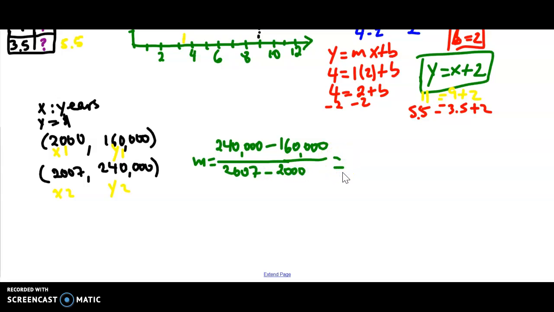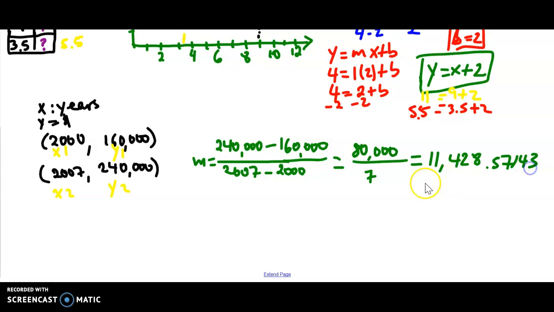Subtraction on the top gives you 80,000, and subtraction on the bottom gives you 7. So if you divide the two, you're getting 11,428.5714 and so on. So let's say about 11,428.6.